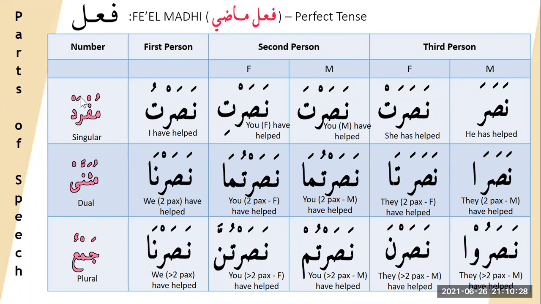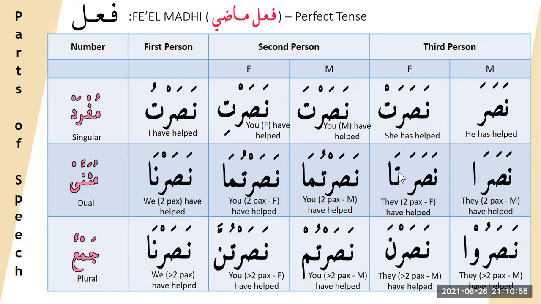Then you have singular, dual, and plural. So there are 15 forms. But notice that 2 forms are the same, like nasatuma, nasarna. So 15 minus 2 will be 13 different forms that you need to recognize.